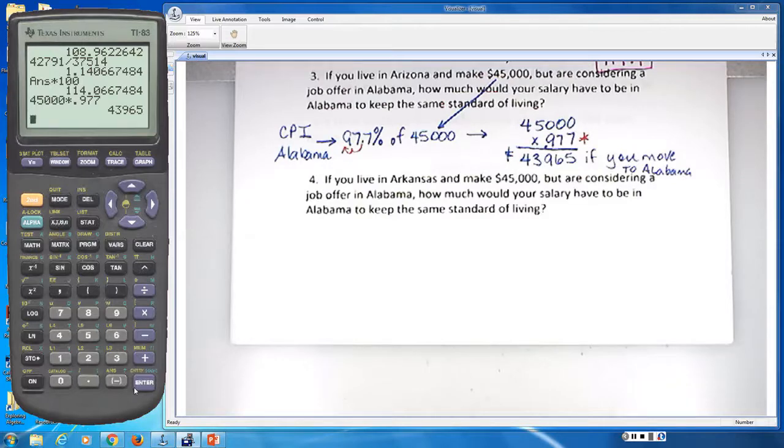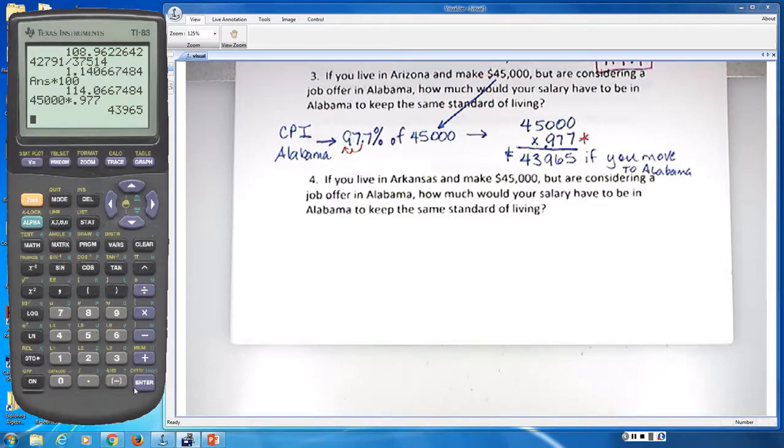Okay, where do you live? Here, you live in Arizona. Now, if you move to a different place, the ratio times 100 is your index.